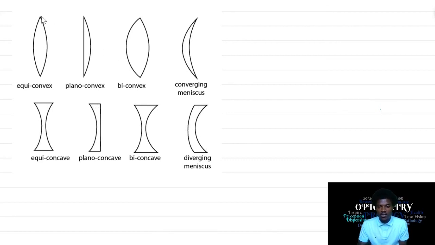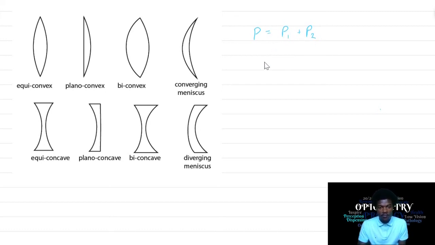For these lenses, as we can see, there are 2 refracting surfaces. Before, we were dealing with one refractive surface or one principal plane, but these will usually have 2 since there are 2 surfaces. To find the power of our thin lens, P is equal to P1 plus P2, or the power of the first principal surface plus the power of the second principal surface.